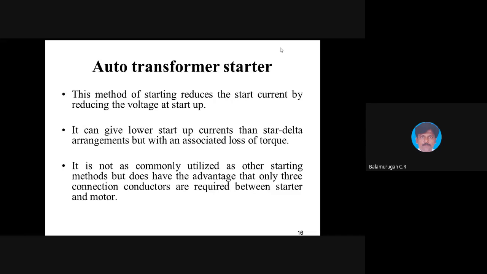Above 5 HP, we'll go for the stator resistance starter. What is X? X is the fraction of voltage reduced due to the stator resistance. This X indirectly represents the amount of resistance you include in the stator winding. In the DOL starter, starting current is equal to the short circuit current.